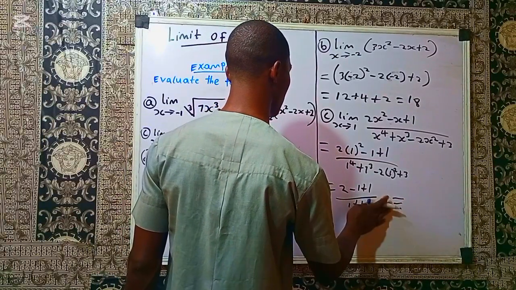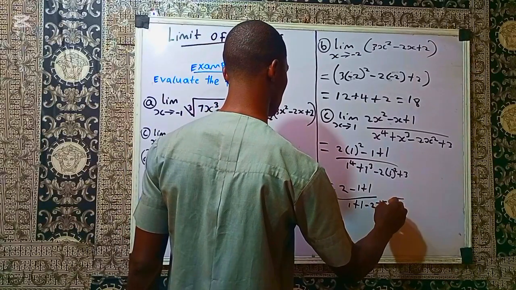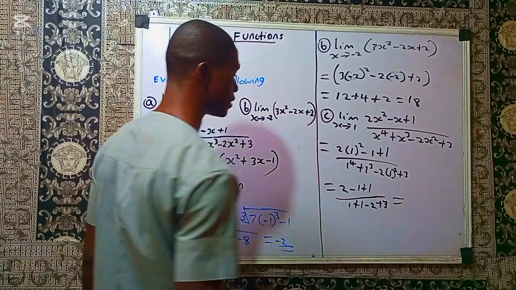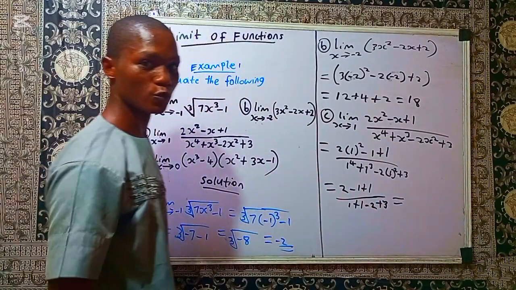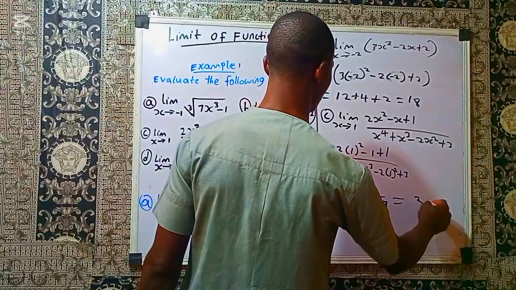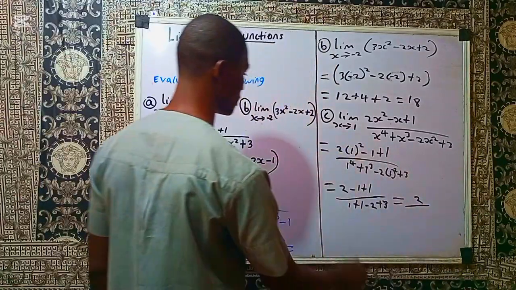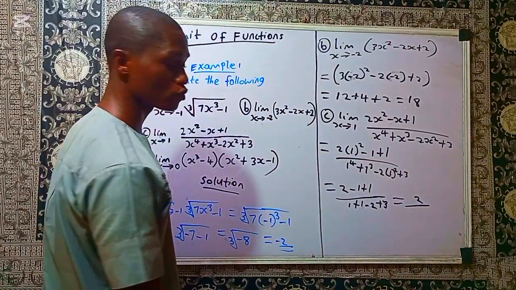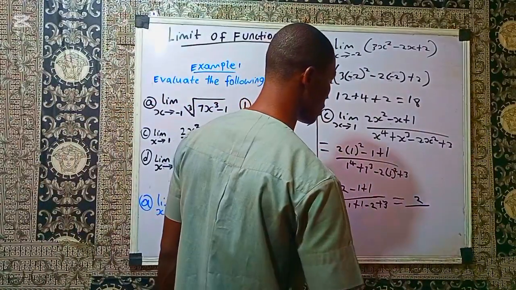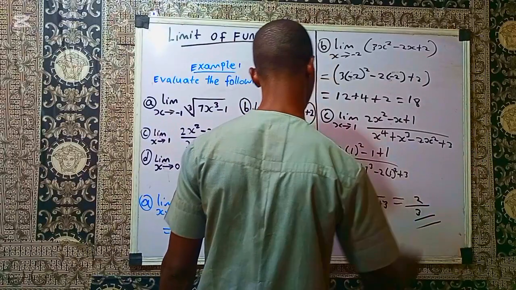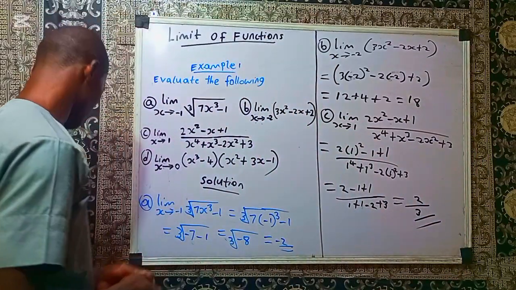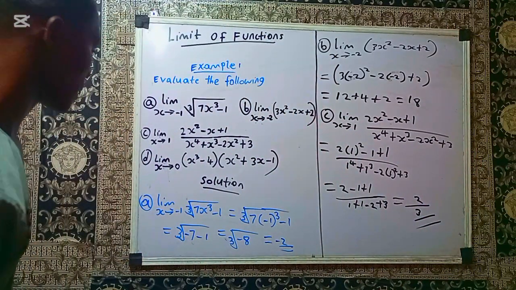So let's look at the final answer. We have 2 minus 1 gives you 1, plus 1 gives you 2. All divided by 1 plus 1 is 2, minus 2 is 0, plus 3. So this gives you 2 divided by 3 as the answer.